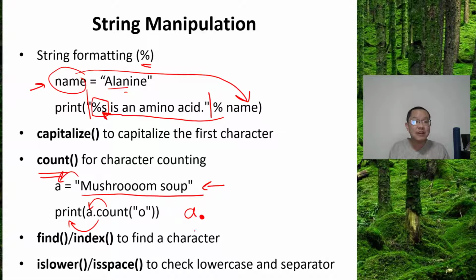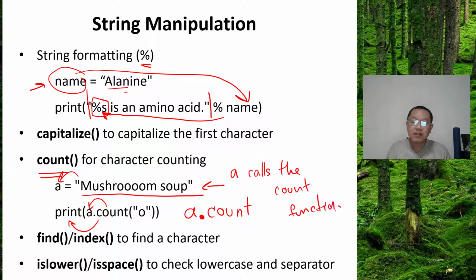This is another operator allowed to be used by the A variable. So the A variable can call the function. So for this syntax, we can say that A calls the count function. Okay, so when we learn about OOP later on, you will learn that A will be considered as an object.